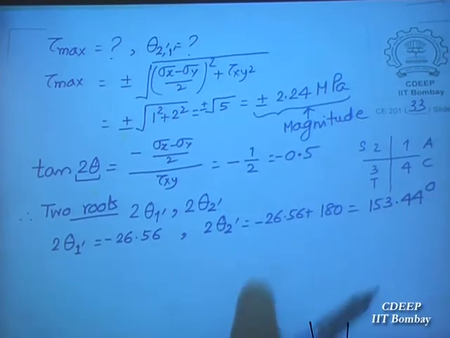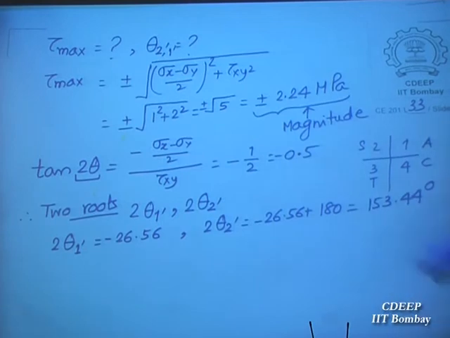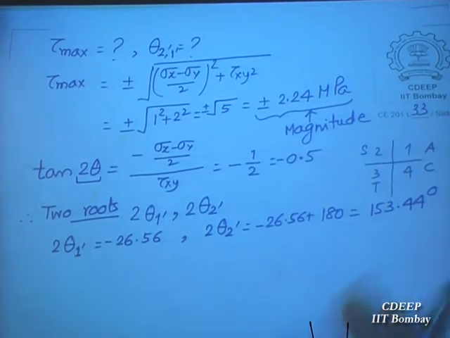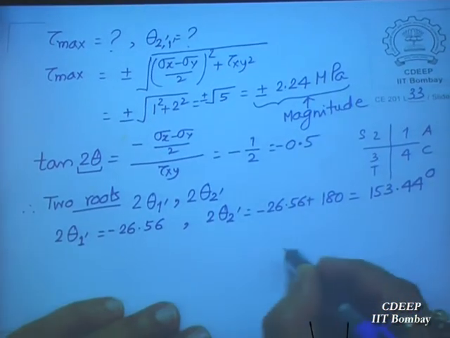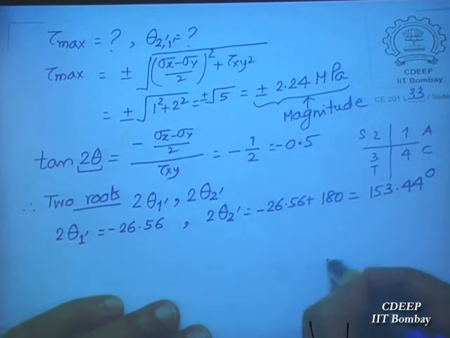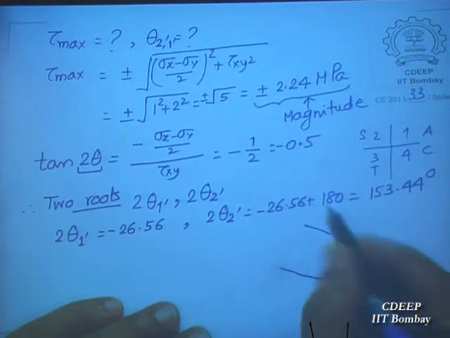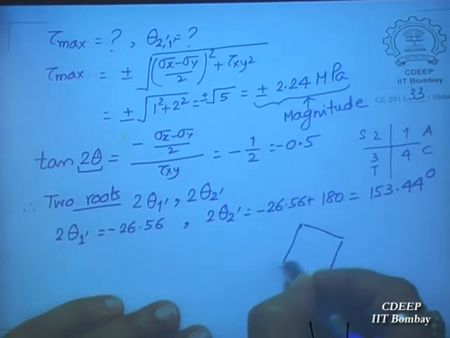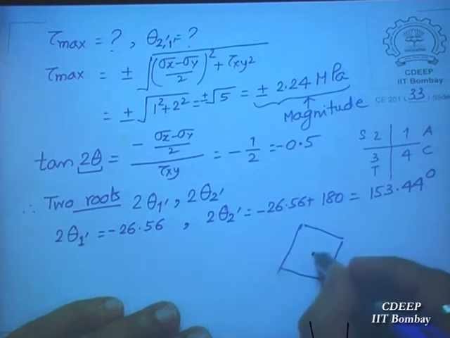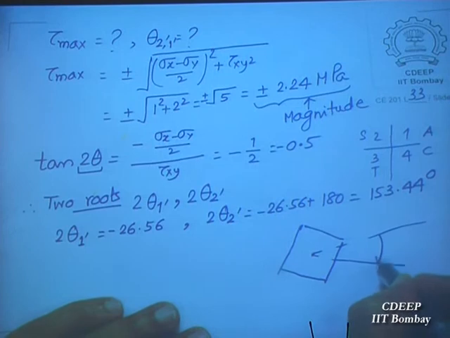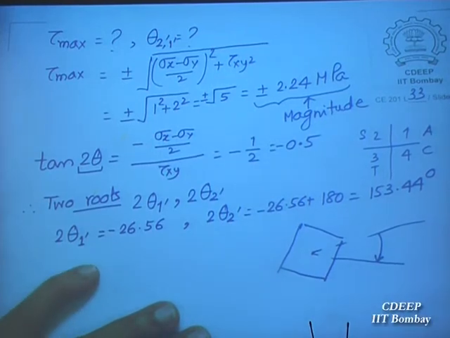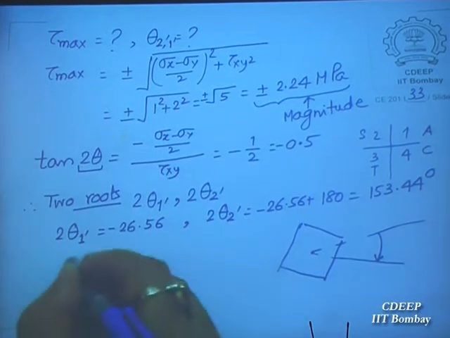So minus is very easy. Minus means this 26 here. As per you, this element will be like this, and this is x. So minus 26, sorry, half of this.